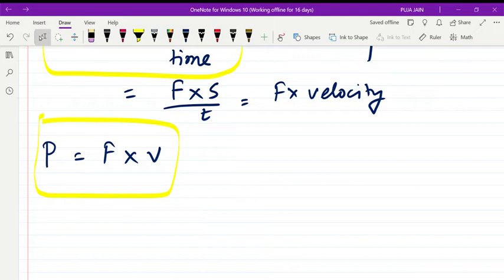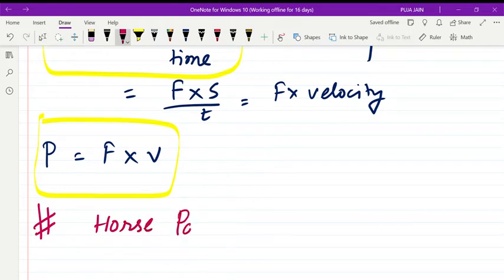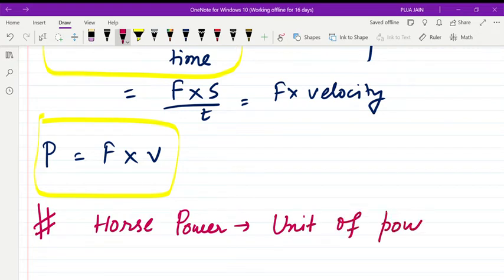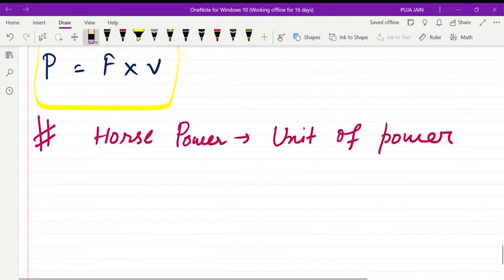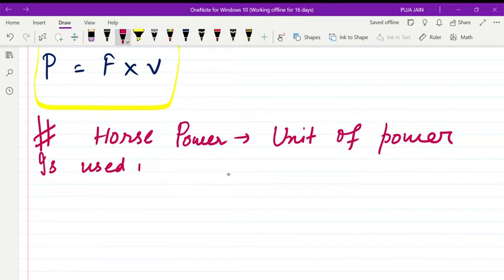Okay, we will also discuss one another thing, that is another unit which is a very common unit related to power, that is horsepower. Horsepower. It is a unit of power. Okay, and this unit is very much used in mechanical engineering.